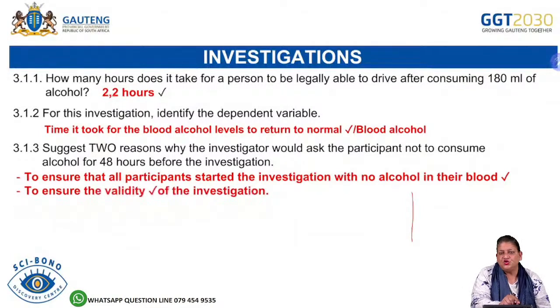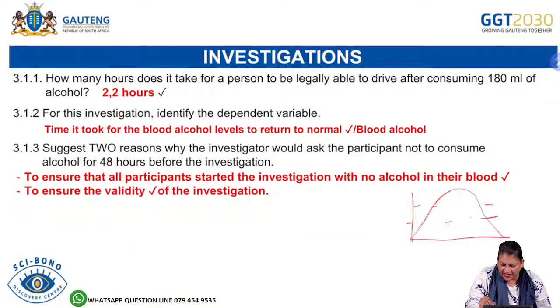So you'll see it took 2.2. So here's your alcohol limit. But now when it was 180, for it to come to this range, this normal tolerant range where they can tolerate your alcohol percentage, it was going from there and then it just came down there and it was 2.2 hours.